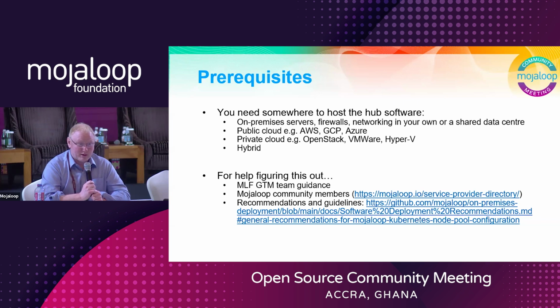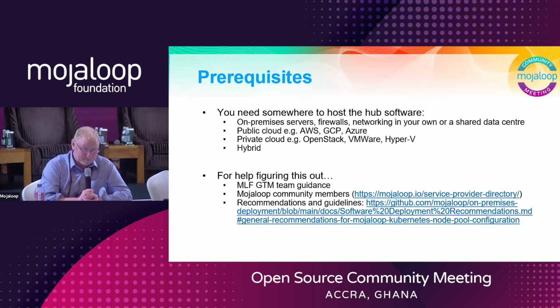There's a lot of complex questions you need to answer before you have a really solid decision-making data set. We have resources in the Mojaloop community to help you answer those questions. Our go-to-market team are a very good resource.